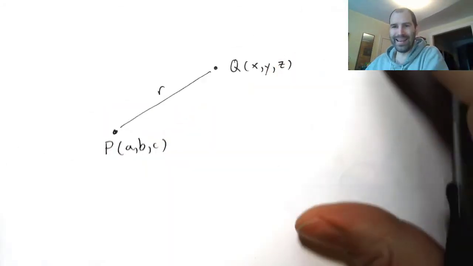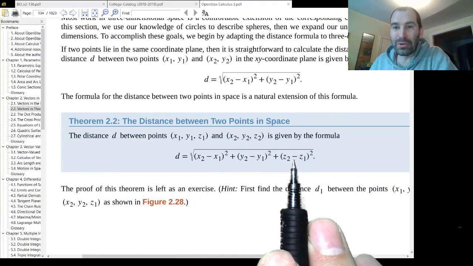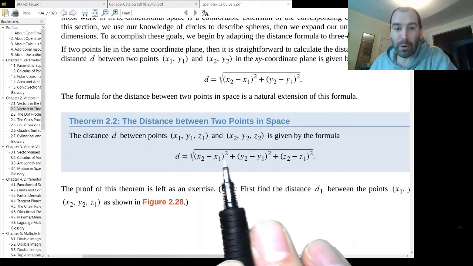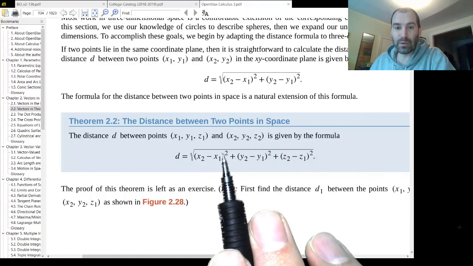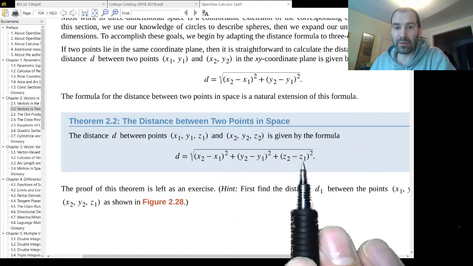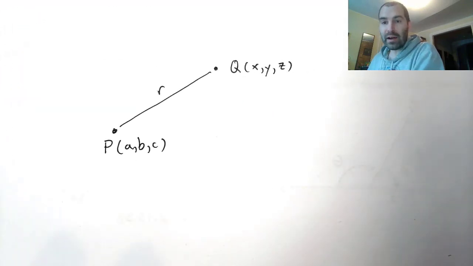If we go back to here and look at the equation for the distance between 2 points, here it is. If I square both sides, I've got my formula for the radius squared, right? So it's just the difference of the x squared, difference of the y squared, and the difference of the z coordinates squared. So let's go ahead and do that.